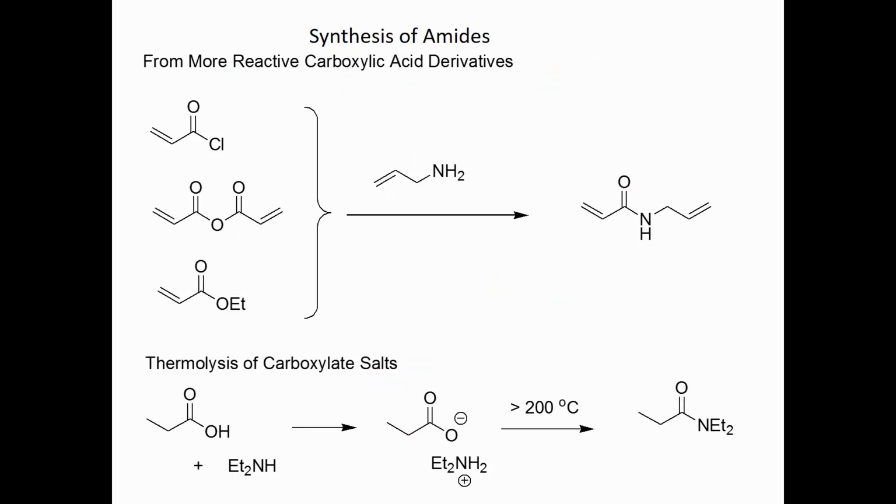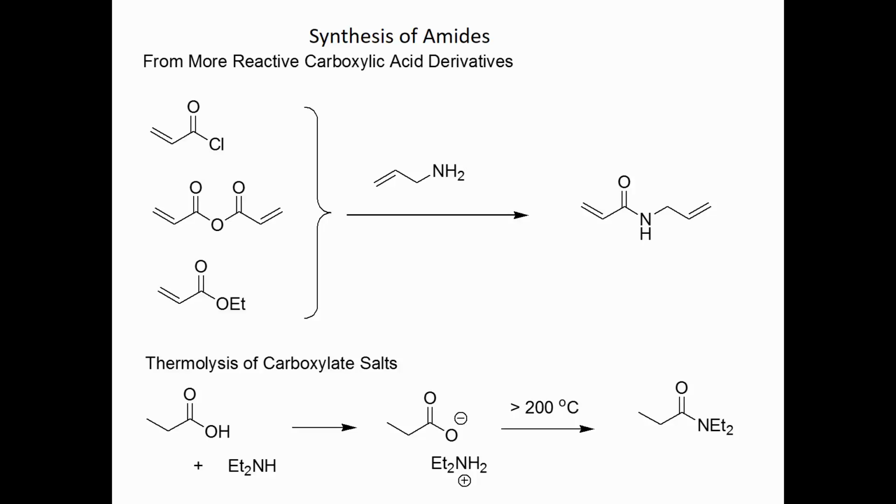Let's look at how we make amides. For the most part, we've covered all the methods already. The best way to make amides is to take more reactive carboxylic acid derivatives like acid chlorides, anhydrides, or esters, and just treat them with amines. And this leads to the corresponding amide.